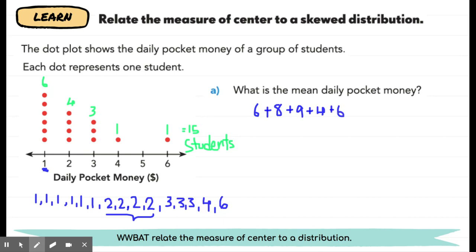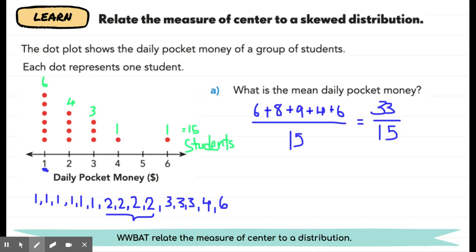This way, we just did the same thing as adding all the values in the set. So 6 plus 8 plus 9 plus 4 plus 6. I get $33, and remember we are dividing it by 15 students. So now we have 33 divided by 15.